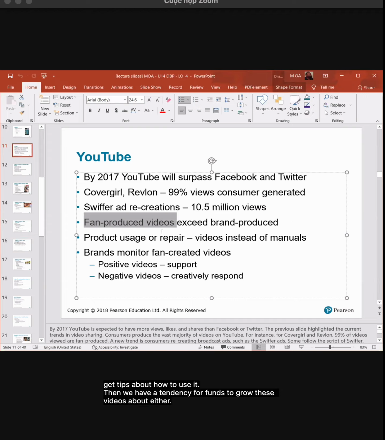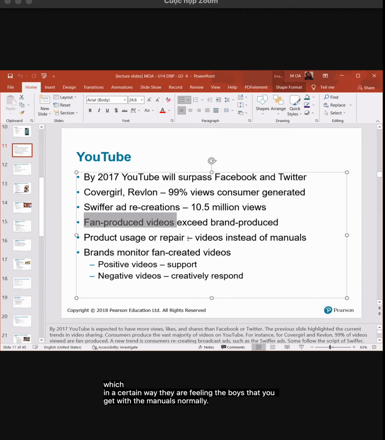Then we have a tendency for fans to produce videos about either using or repairing some of the goods that are being bought, especially in software and technology, right? You will see lots of videos about how to use and repair your products, which in a certain way are filling the void left by the manuals.